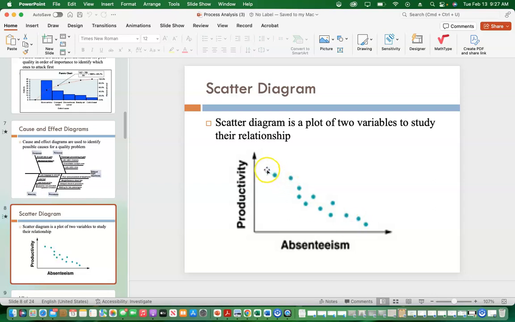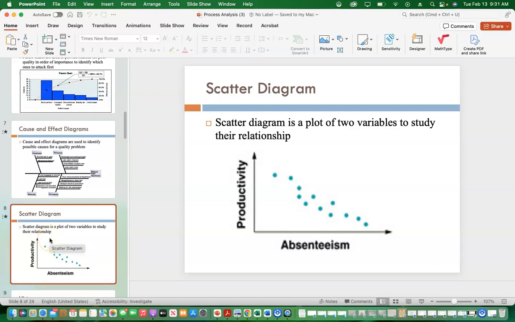And you can see in this case, we have a linear relationship between these two variables, and it is downward sloping, meaning that there is an inverse relationship between productivity and absenteeism. And so if you are to deal with a problem, which is productivity, then we have to reduce the number of absenteeism, because we know that the more absenteeism, the less the productivity, and the opposite is true.